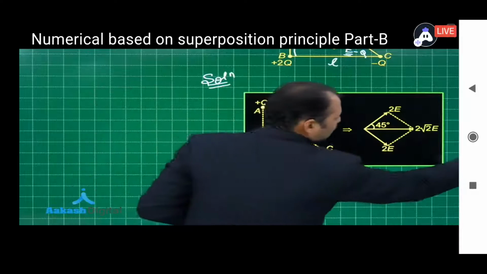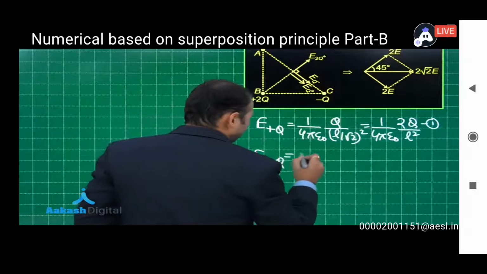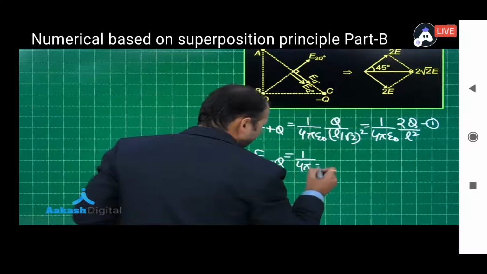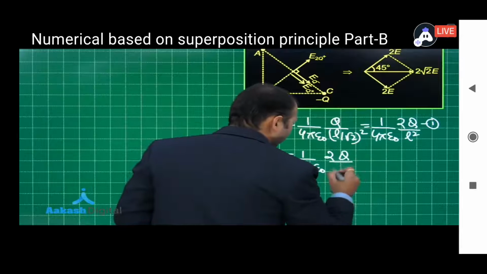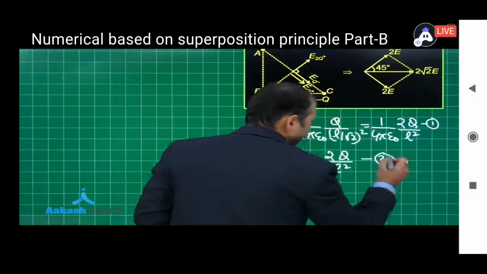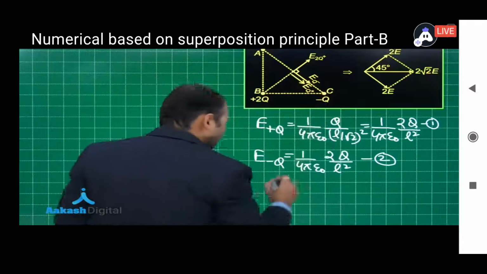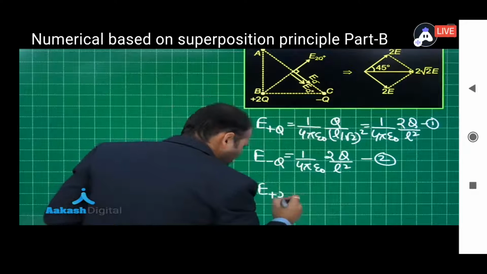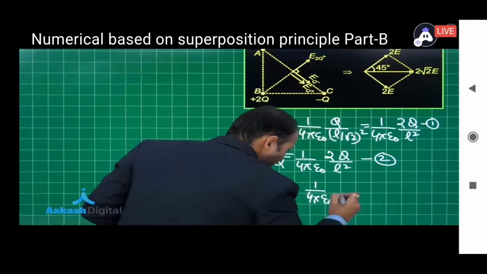Similarly, E of minus Q would be 1 upon 4 pi epsilon naught, everything the same, so it comes to 2Q upon L square. This is the second. Both are in the same direction. Now, E of plus 2Q would be 1 upon 4 pi epsilon naught, 2Q.